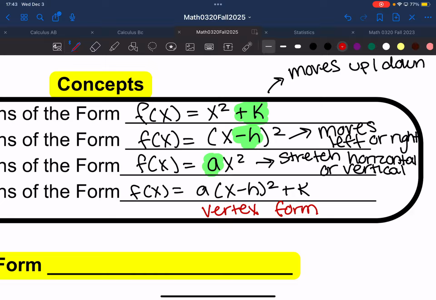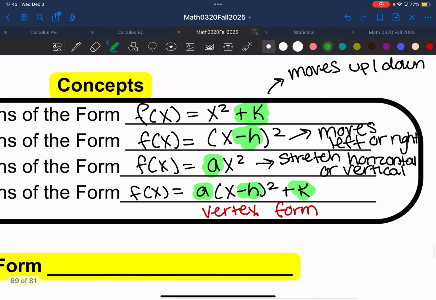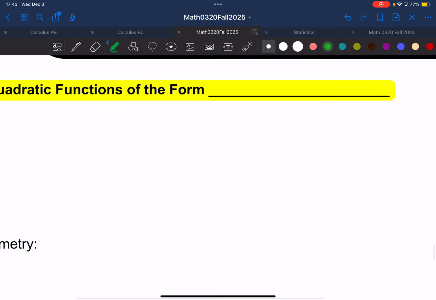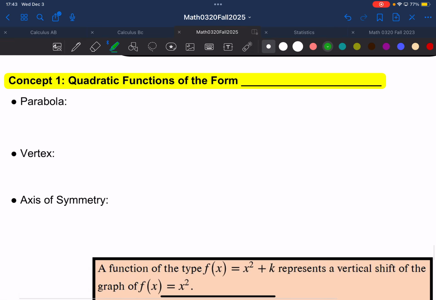This is taking our original parent function, x squared, and either stretching it, moving it left or right, or moving it up and down. So we're going to then talk about each of the forms. I'll give you more information on what that means.